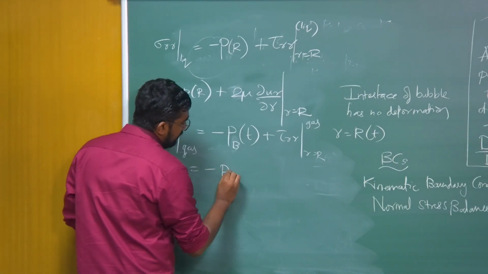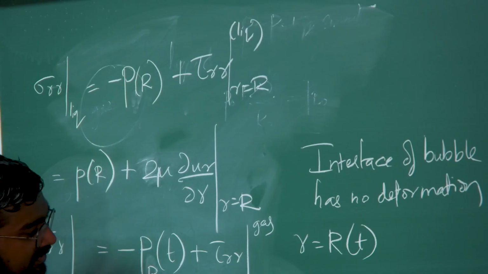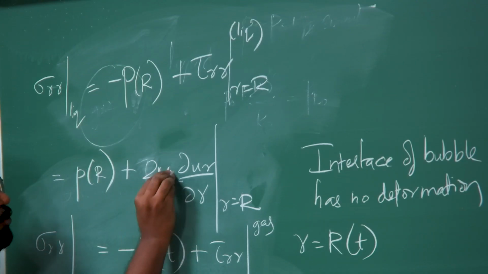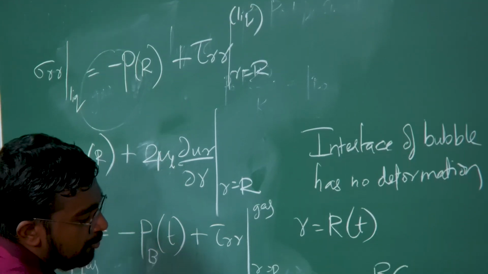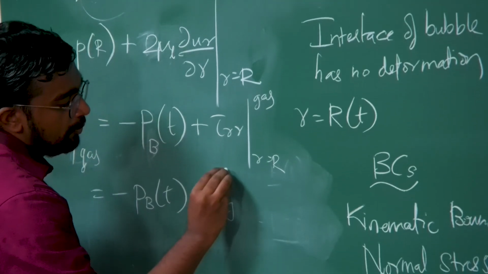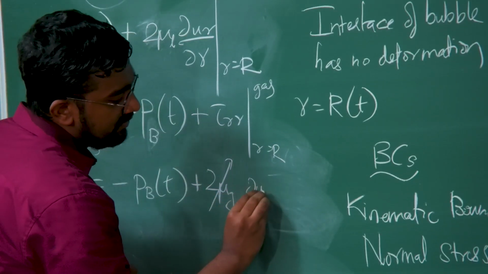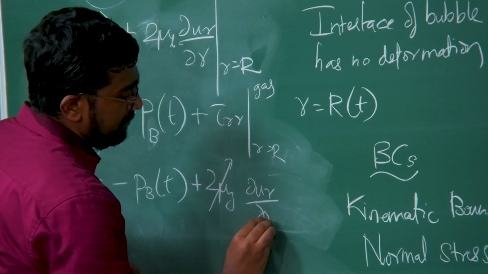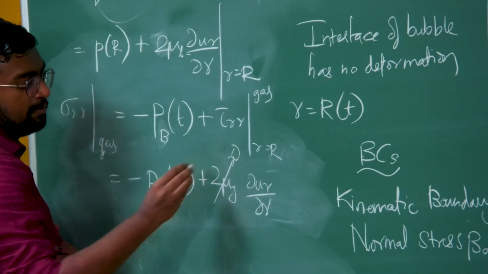So, 2 mu G here is 0. That is why it is not applicable here. This term goes to 0.